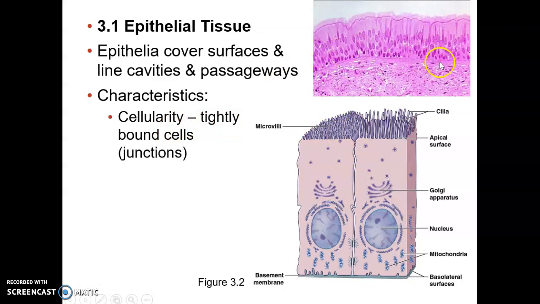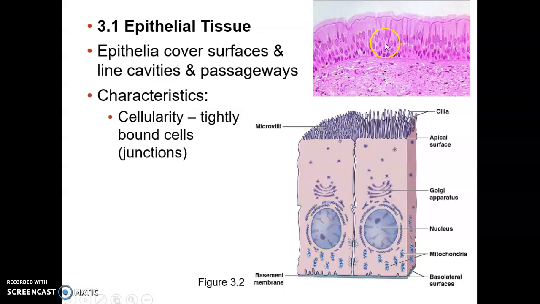In this picture here, this upper surface down to this little line here is the epithelial tissue. And you can tell that it's all cellular because of these little round and oval structures that you see inside that are a little darker than the surrounding background, and those are the nuclei.